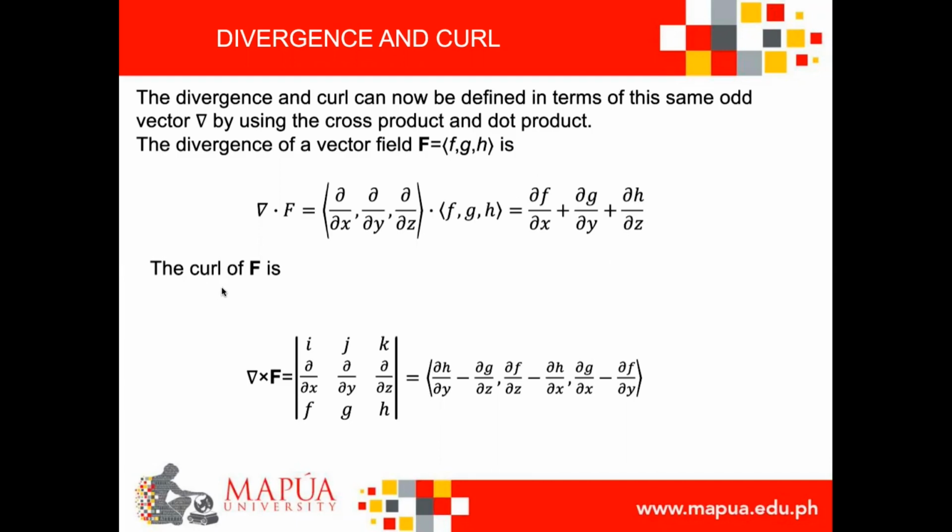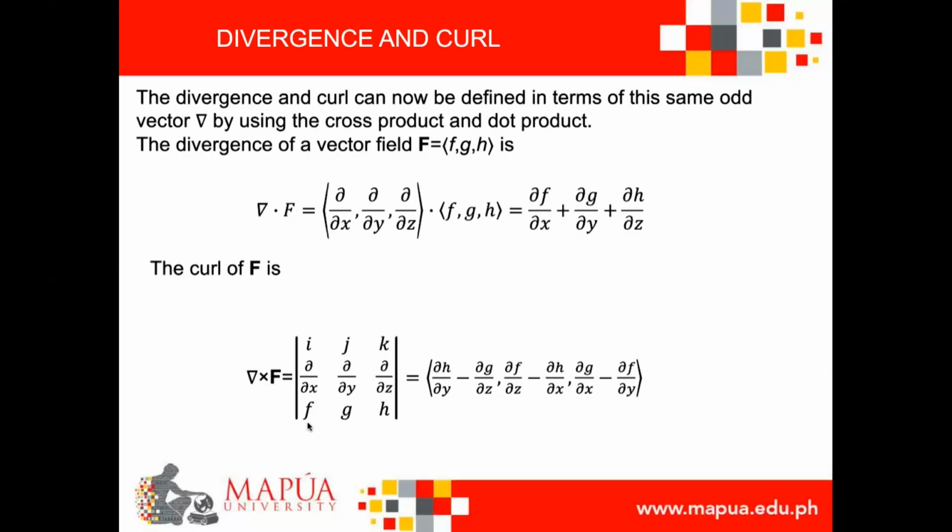For the curl of F, we have the cross product of del and vector field F. And this forms a 3 by 3 matrix where we have the first row to be the vectors i, j, k, and the second row are the partial derivatives with respect to x, with respect to y, and with respect to z.